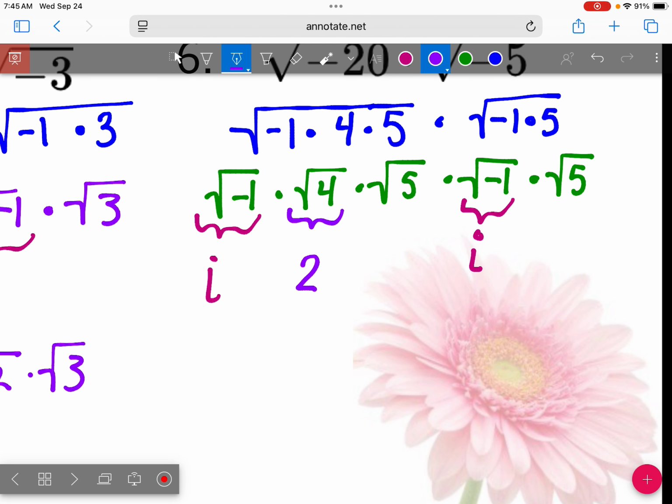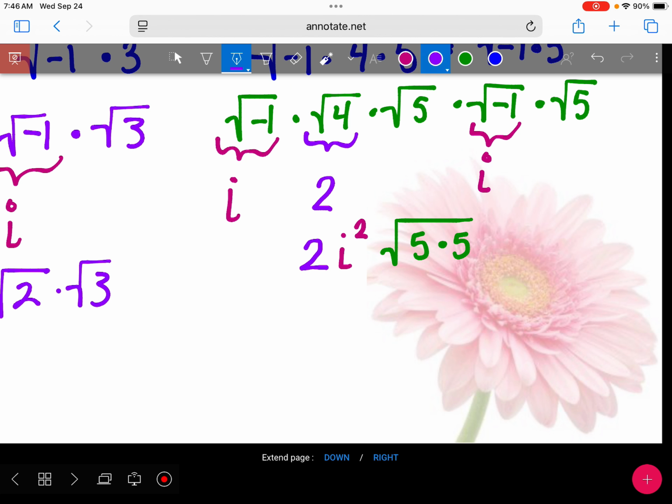Because what we have as we start to put pieces together is I have 2i times i, which gives me i squared. And then we have our square root of 5 times 5, also known as 25. Now can I simplify this the rest of the way?